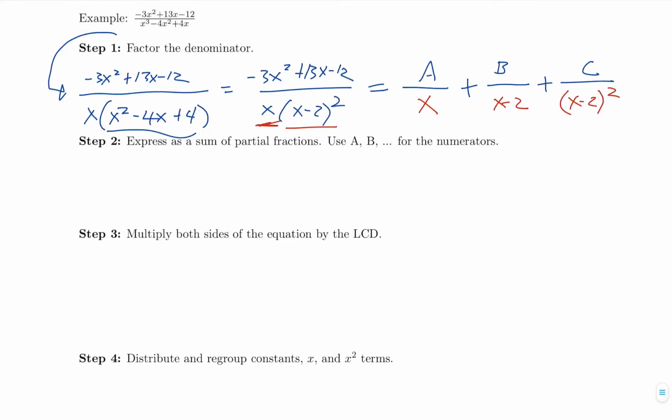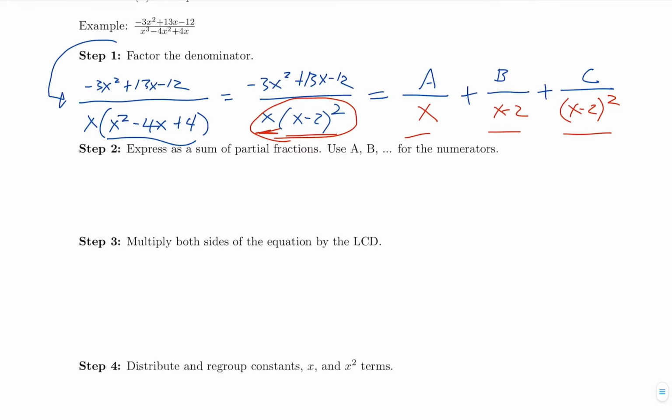Why these 3? Because each of these 3 is a factor of this product right here. You must remember that when we have a repeated root like this, we have 3 separate fractions.